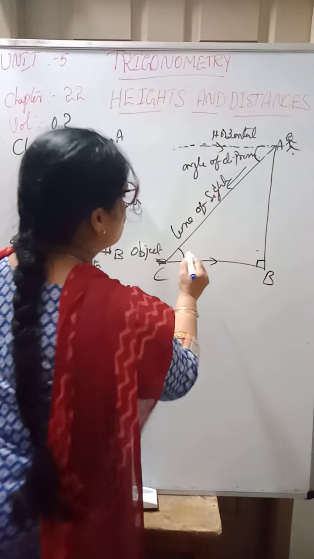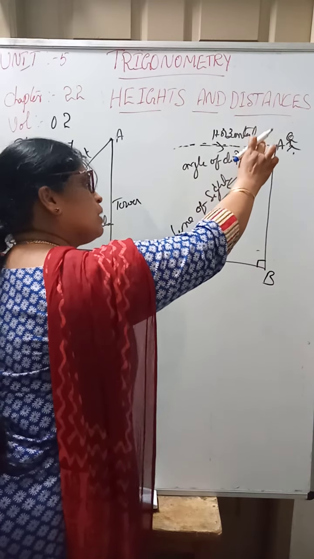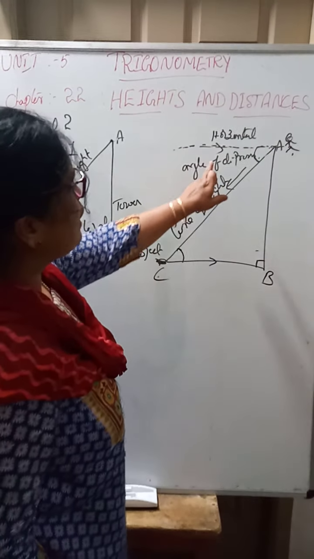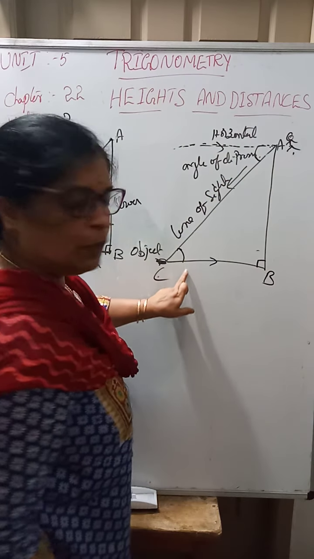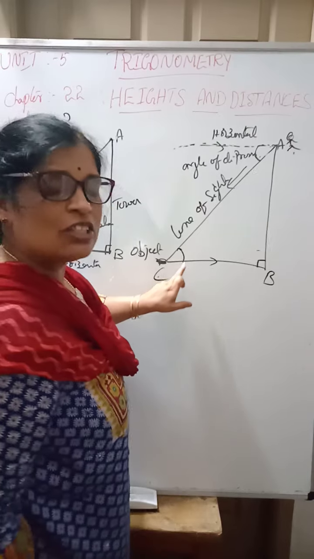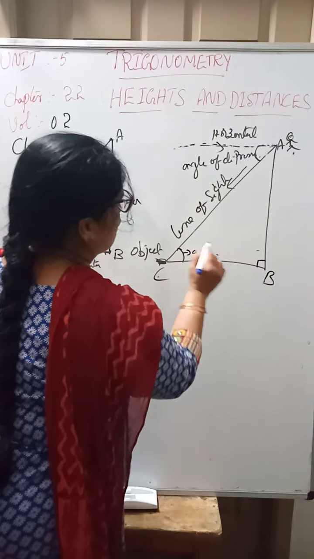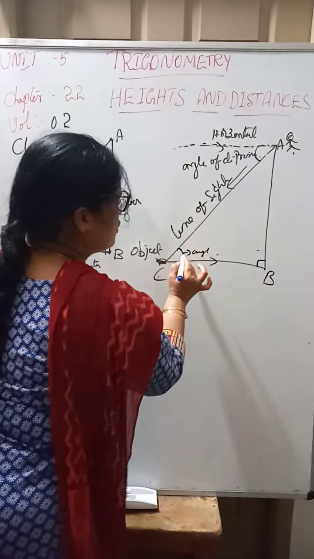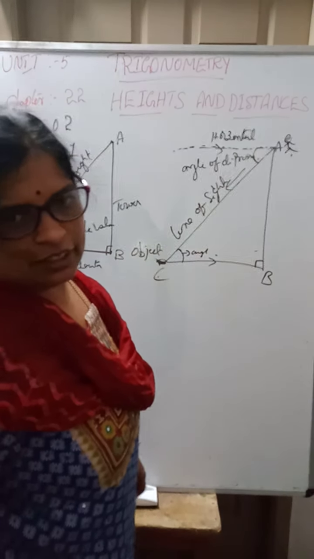So whatever the magnitude of the angle of depression, that will be equal to the angle of elevation because of alternate angles. If this is 30 degrees, this also will be 30 degrees. If this is 60 degrees, this also will be 60 degrees.